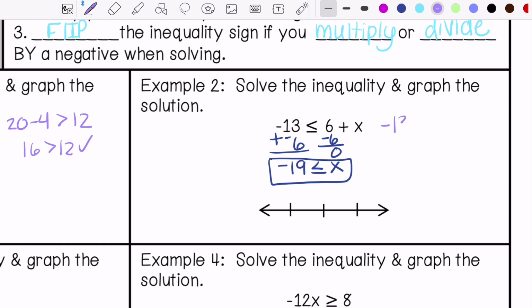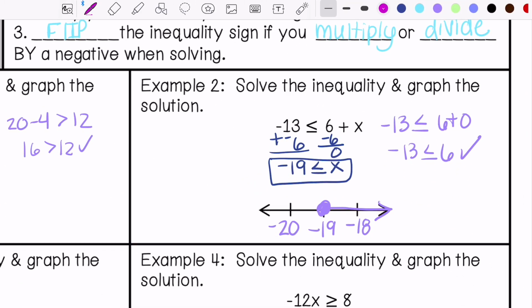So is negative 13 less than or equal to 6 plus 0? Yes, it is. This is a closed circle, and it needs to be numbers greater than or equal to negative 19.